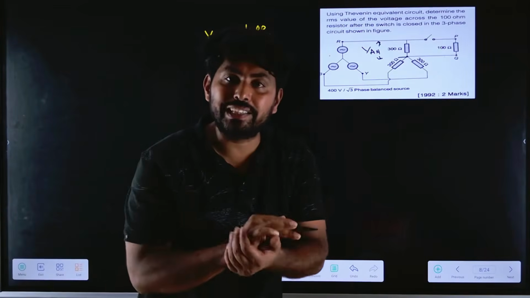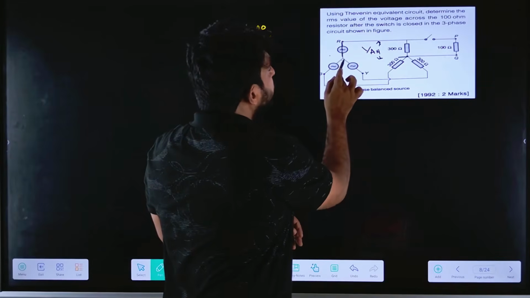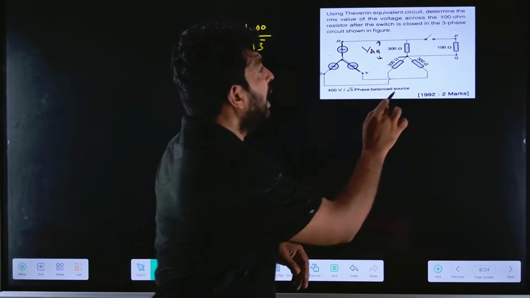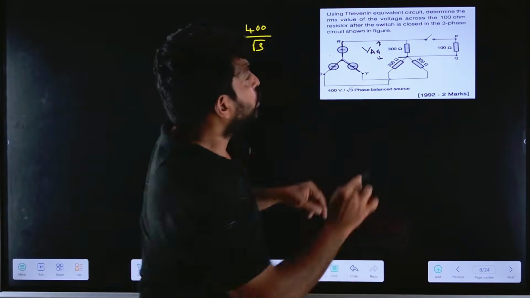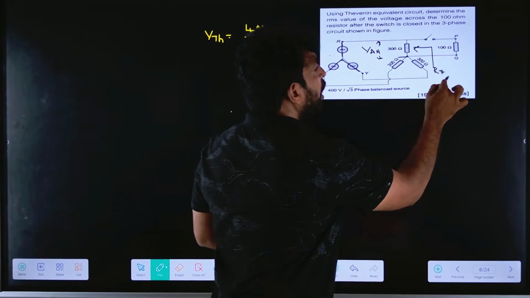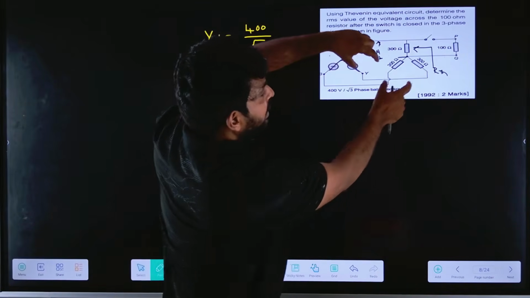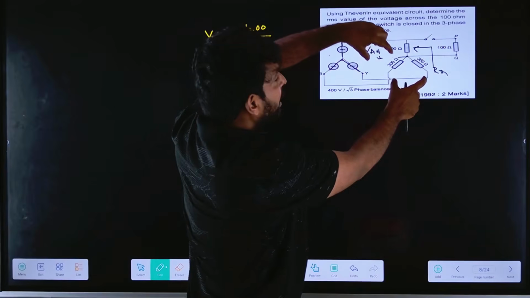To find the R Thevenin, we need to short circuit the sources, and this should be in the open condition. So we need to find RTH from this. These two are shorted, so now these two are in parallel.